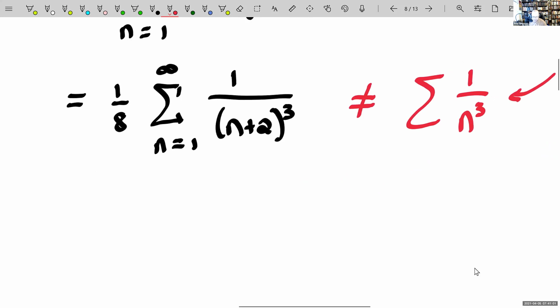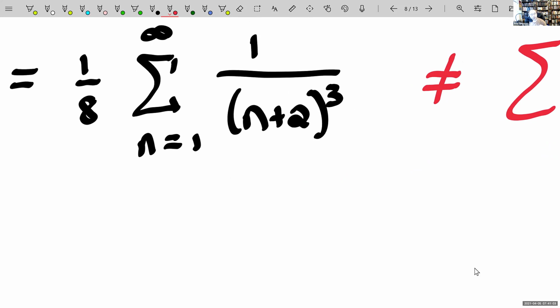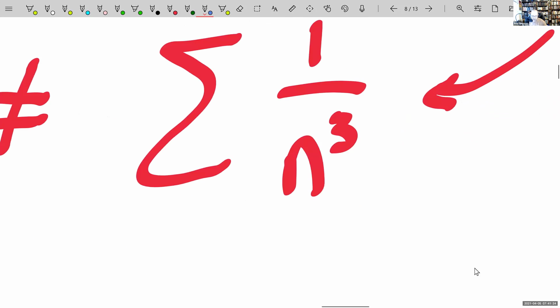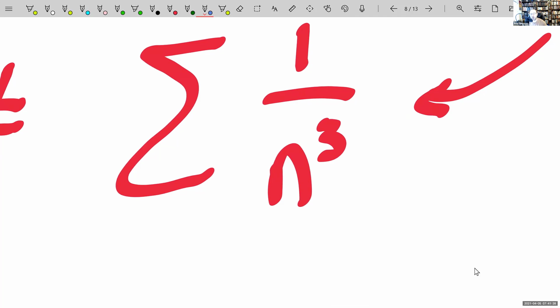So how do you do that? Well, the easiest way is to re-index. And that is such an important tactic that I really want you to pay close attention to how this is done. Look at where I want to be. I want it to be a 1 over n cubed, or 1 over a picture cubed.